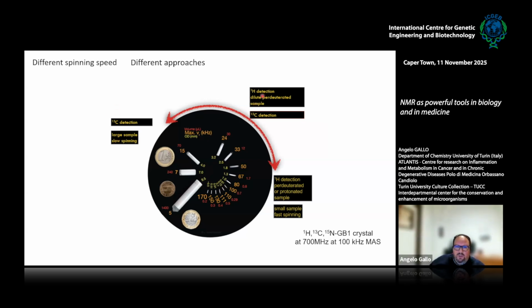In case of dilute options, protons; in case of perdeuterated samples, we can still use this range of speeds. But most of our samples have been run from 67 up to 111 kilohertz. So this is 111,000 rotations per second, okay?